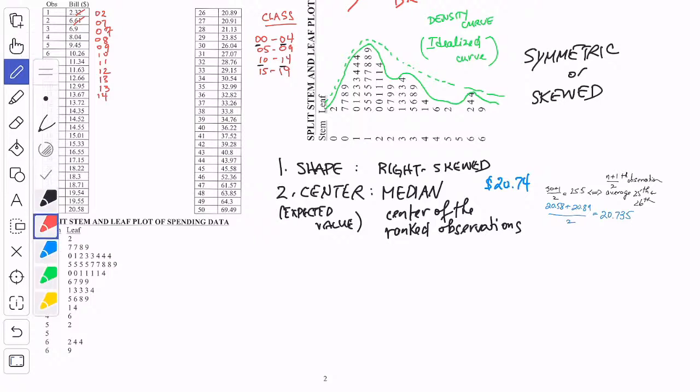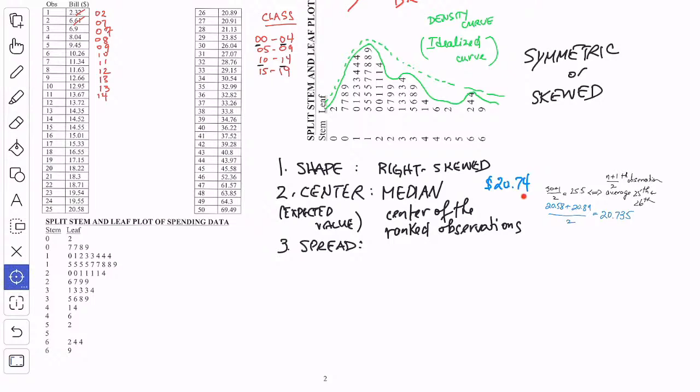The next feature is the spread of a distribution. So a single value is useful. This single value would tell you what to expect by the next shopper. And it's located, as we mentioned, it's not going to be in the mode.